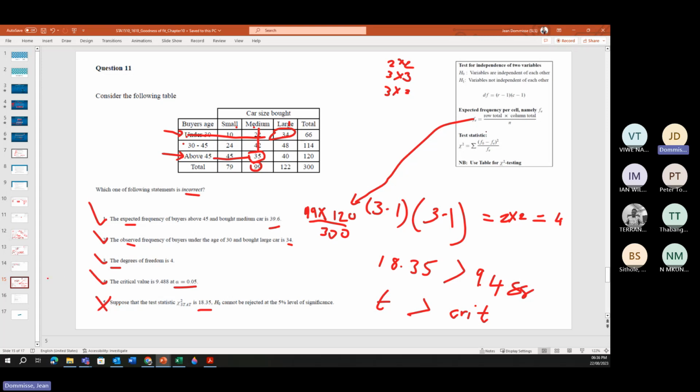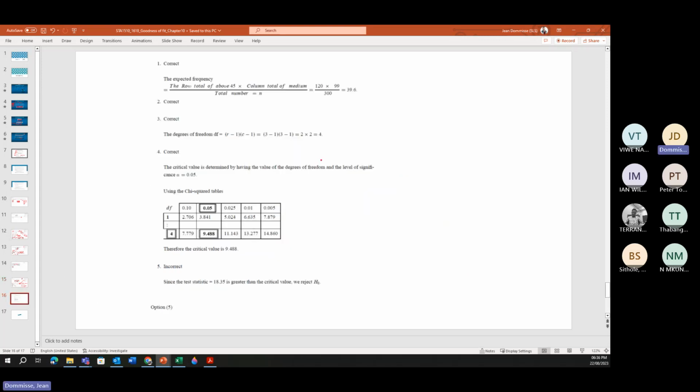Okay, for this one, I actually have included some of the answers so that you can also see how the chi-square on the table was used, and also the critical value, where the t-stat is bigger than the critical value, so we will reject the null hypothesis.